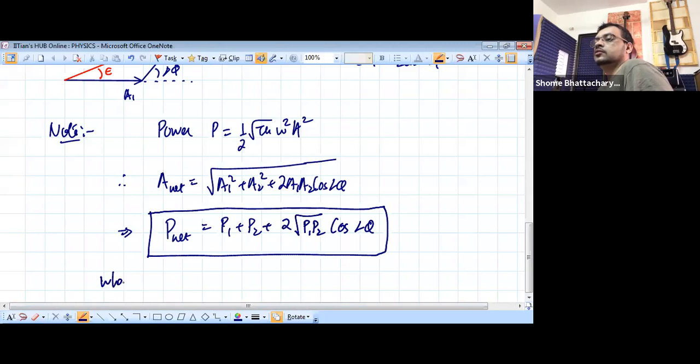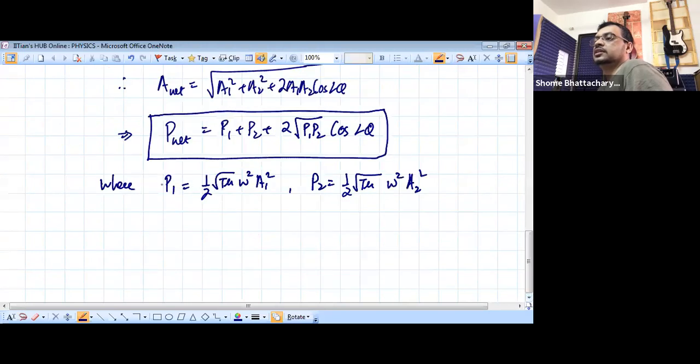where P1 and P2 are like that. So if the individual waves had been operating, they would have been transmitting this kind of power. But their superposition results in a net power which is proportional to the net amplitude squared.